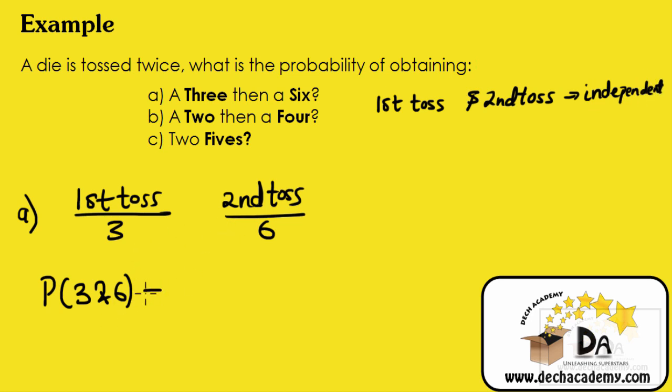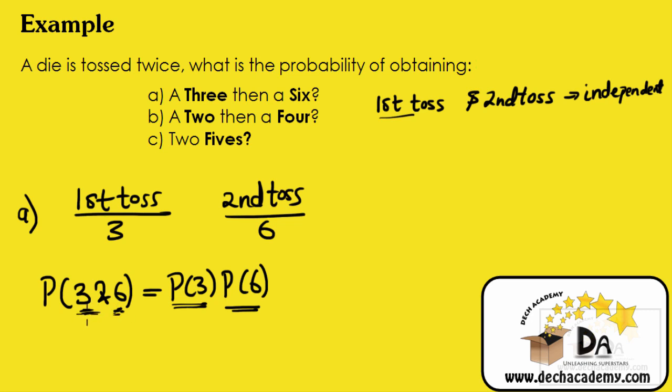Now, the probability of getting a 3 and a 6 is therefore the probability of getting a 3 times the probability of getting a 6, because the outcomes of the first and second toss are independent. So the probability of getting a 3 in the first toss is independent of that of getting a 6 in the second toss. So let's call them events, are independent.